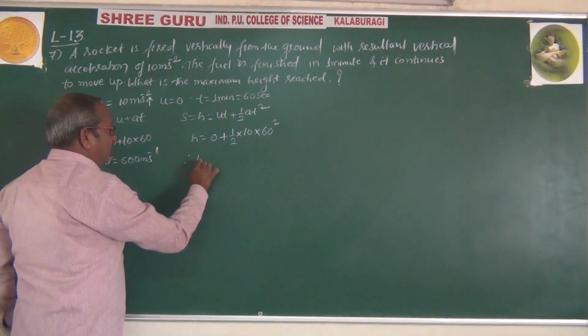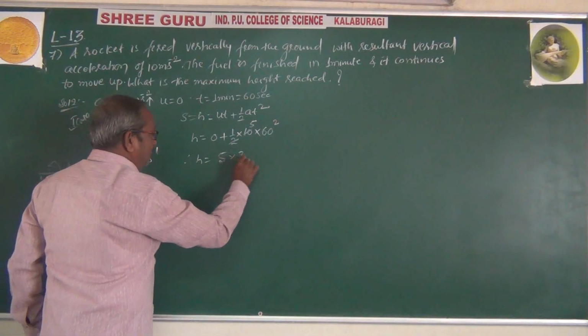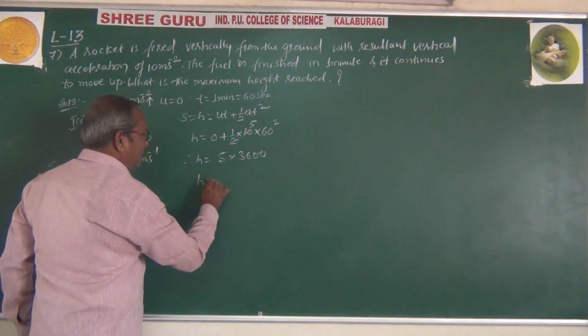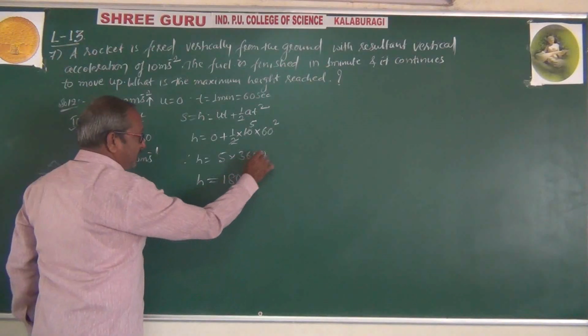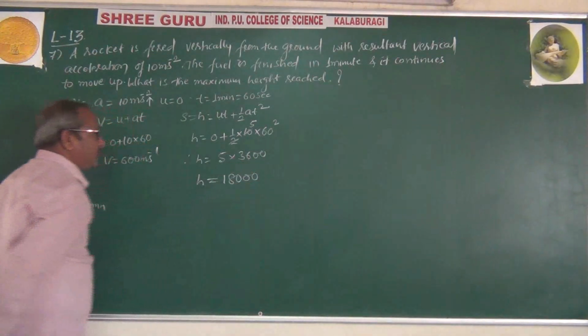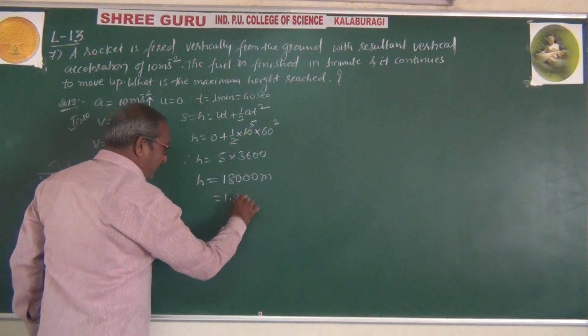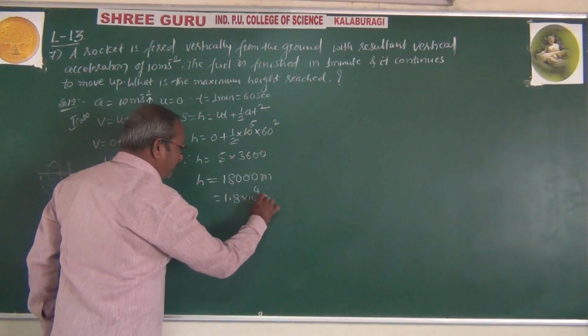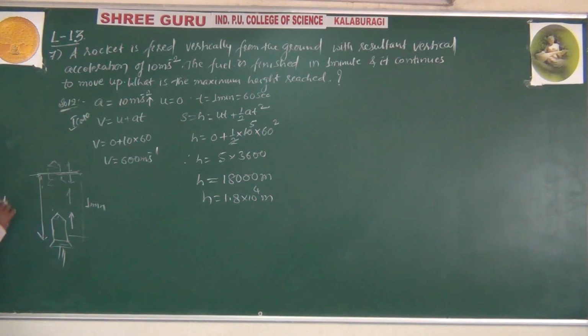So h equal to 5 into 3600, which is 18000 meter, or 1.8 into 10 raised to 4 meter. When it reaches this height, 1.8 into 10 raised to 4 meter, the fuel is completed.